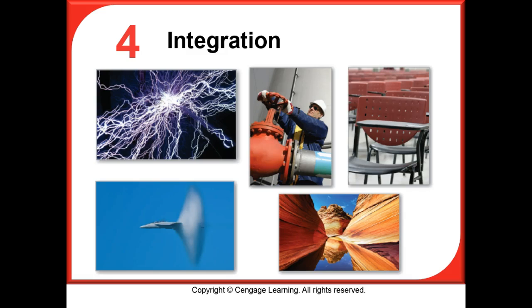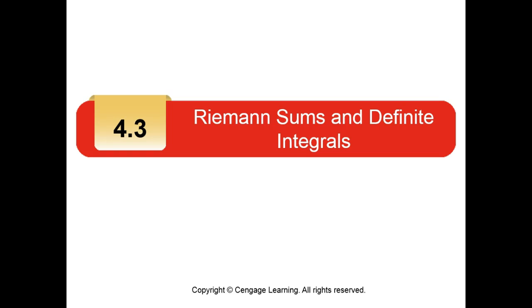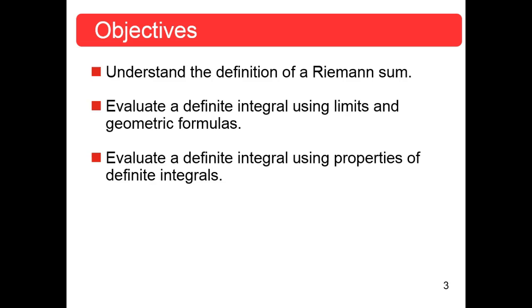We're still in Chapter 4, Integration. Now we've moved to Chapter 4.3, Riemann sums. Okay, that's a new name, and definite integrals. And unfortunately, we got a little bit of summation yet to go, the Riemann sums part, but then we'll finally get to the definite integrals, which have the limits on them. So, our objectives here: understand the definition of a Riemann sum.